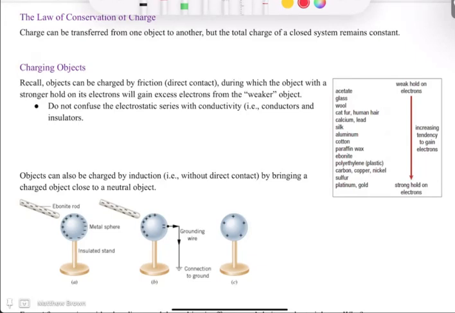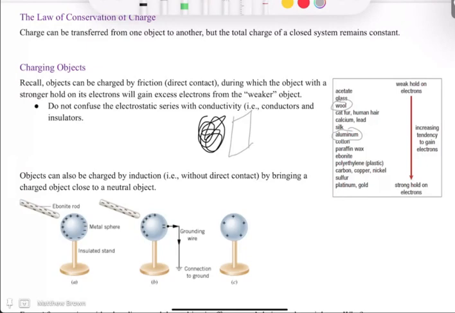So if you've got two objects, maybe some wool and a little sheet of aluminum, and you rub the wool all over the aluminum, what happens? Looking at the series, you can see these things have different strengths.